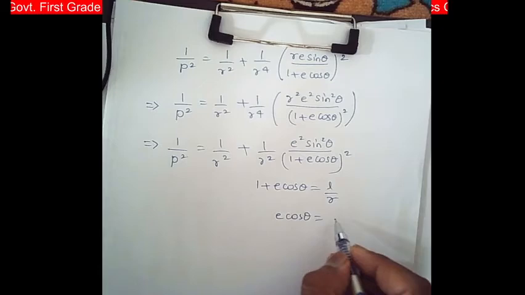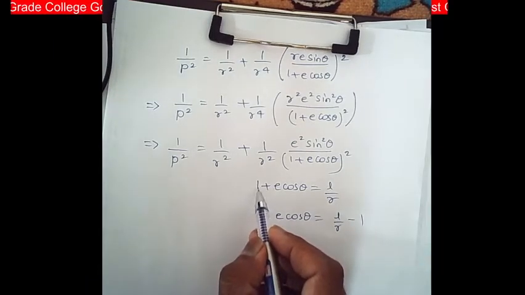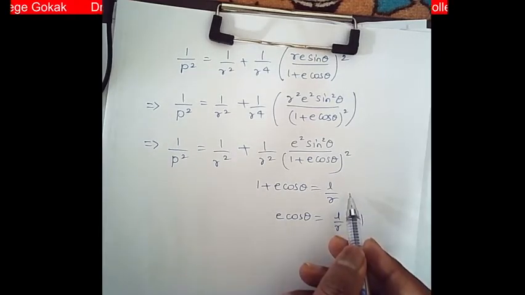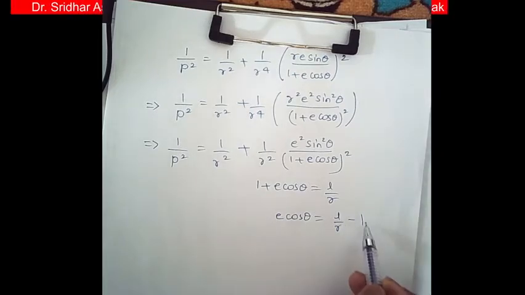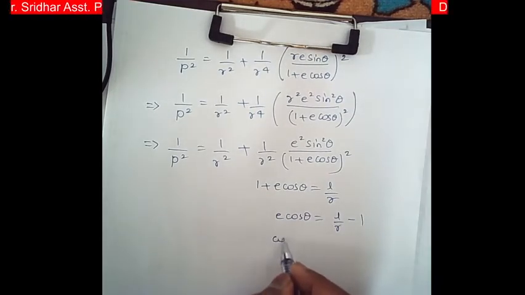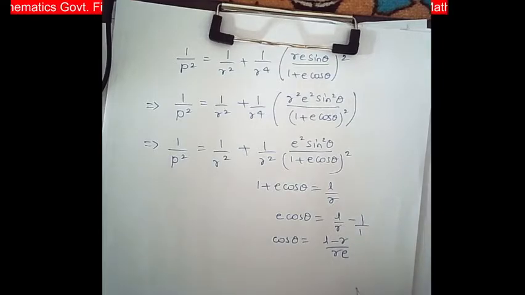I send this 1 to the RHS, so e cos theta is equal to L by r minus 1. Next I find the cos theta value. Taking LCM, cos theta is equal to L minus r divided by r, and then divided by e, so it is r into e. Now I obtain cos theta.